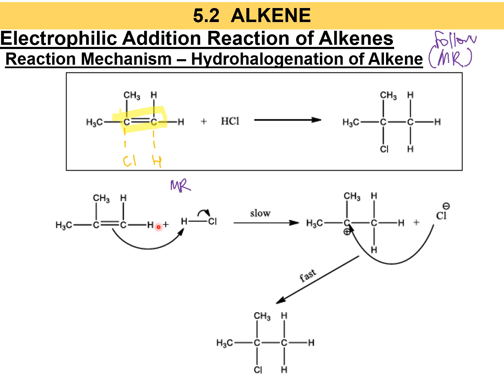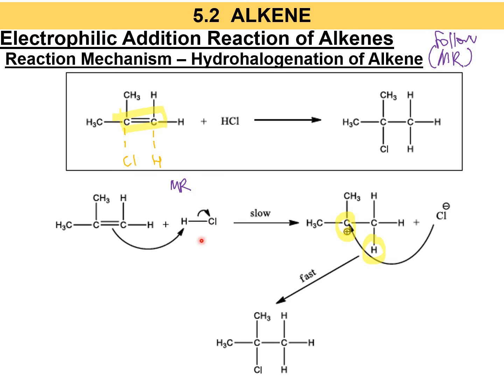Okay, since we know that this carbon dia banyak hydrogen atom, therefore this carbon dia akan dapat the hydrogen. Okay, this carbon dia akan dapat the hydrogen, manakala carbon yang sebelah ni, carbon double bond sebelah ni, dia akan jadi carbocation.